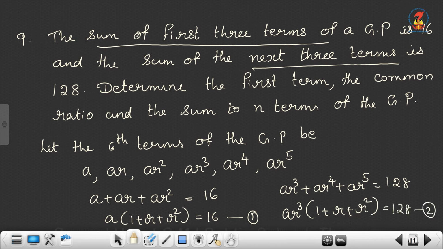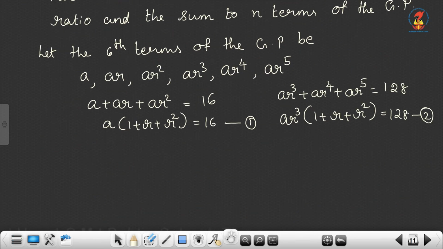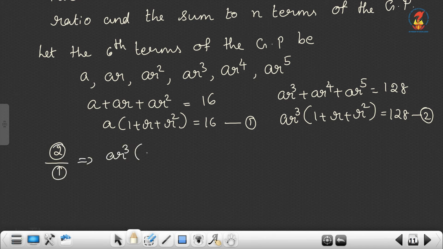Now, you compare 1 and 2, the bracket is same, so we can divide. Equation 2 by 1. So, AR³(1 + R + R²) by A(1 + R + R²).